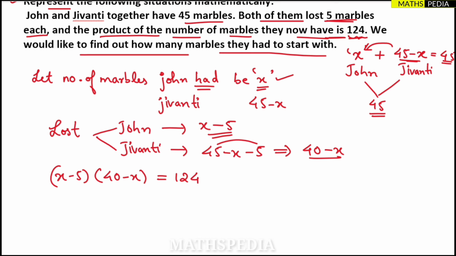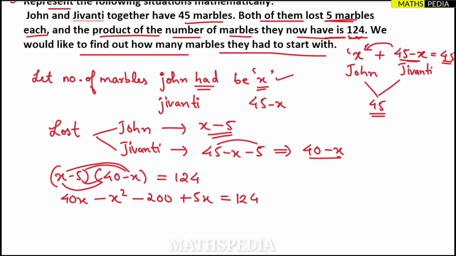That's what the statement indicates. Multiplying: x into 40 is 40x, x into minus x is minus x square, minus 5 into 40 is minus 200, and minus 5 into minus x is plus 5x, equal to 124.